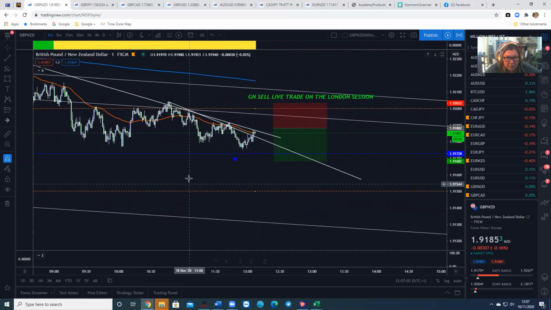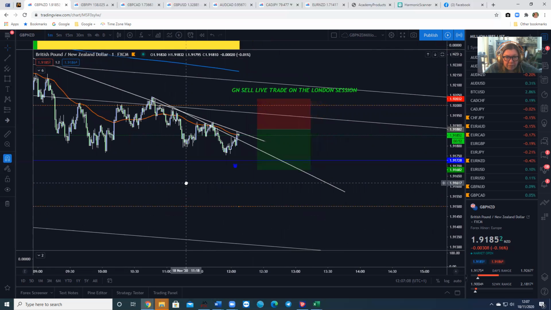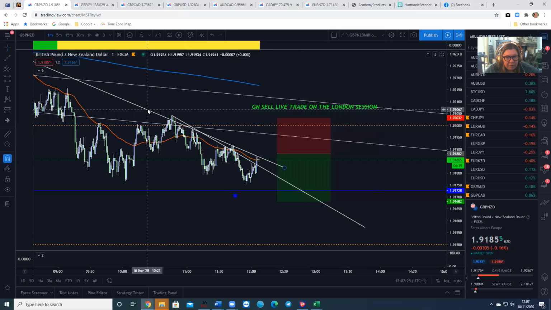It is a very fast pair. So don't worry if it slips through areas a bit, because it will do. Whilst the price is to the left of the 62 and your 1 minute trend, you can see it's just hovering between the two. You're good to go. We can take off this.